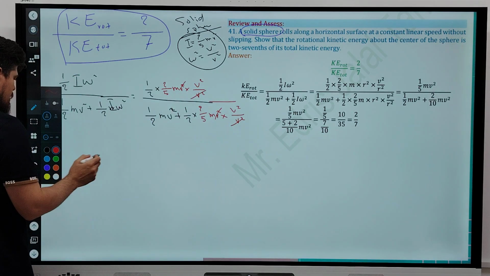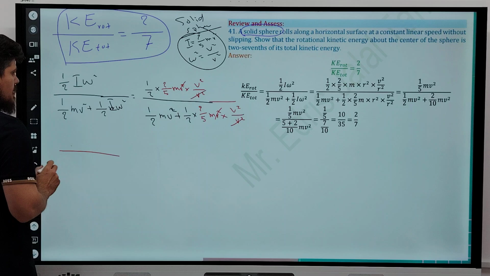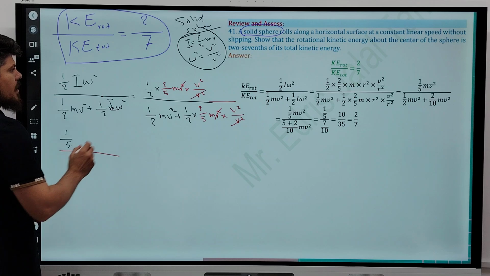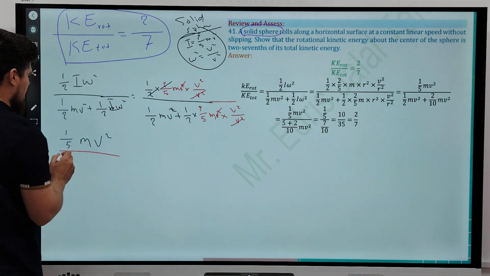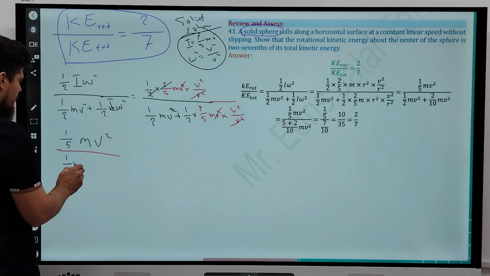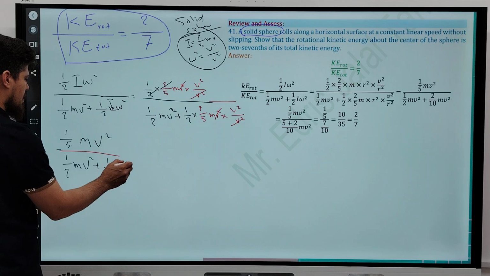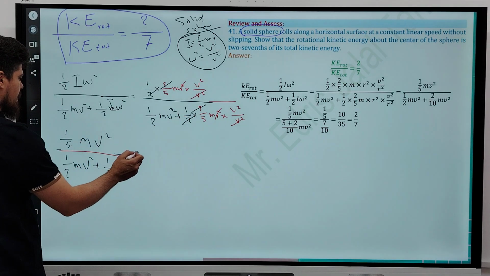What does remain? 1/2 times 2/5 is equal to 1/5, because 2 with 2 cancel. mv squared in the numerator. But in the denominator, we have 1/2 mv squared plus 1/5 mv squared. 2 with 2 cancel, 1/5 remains.